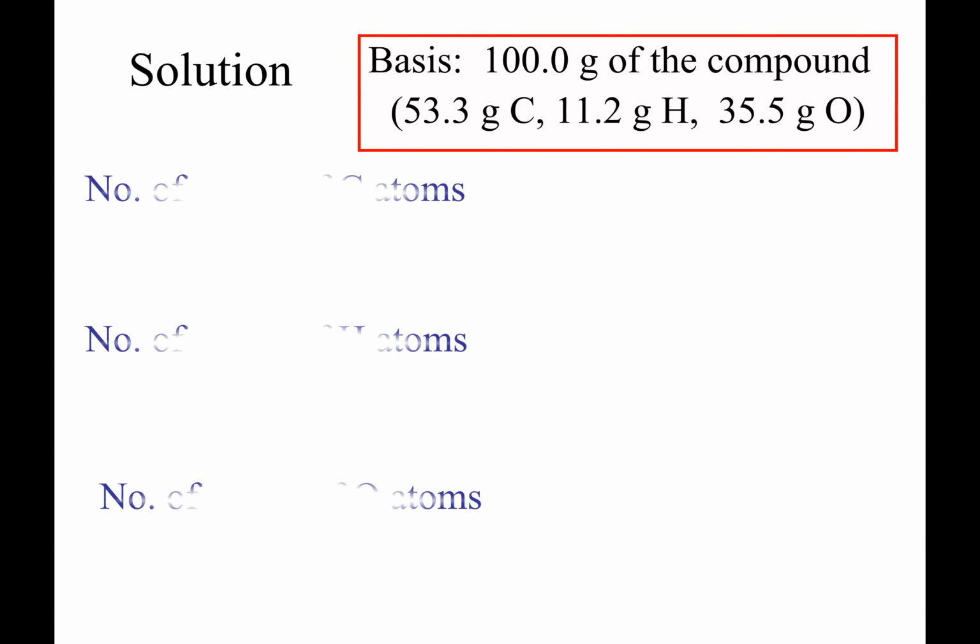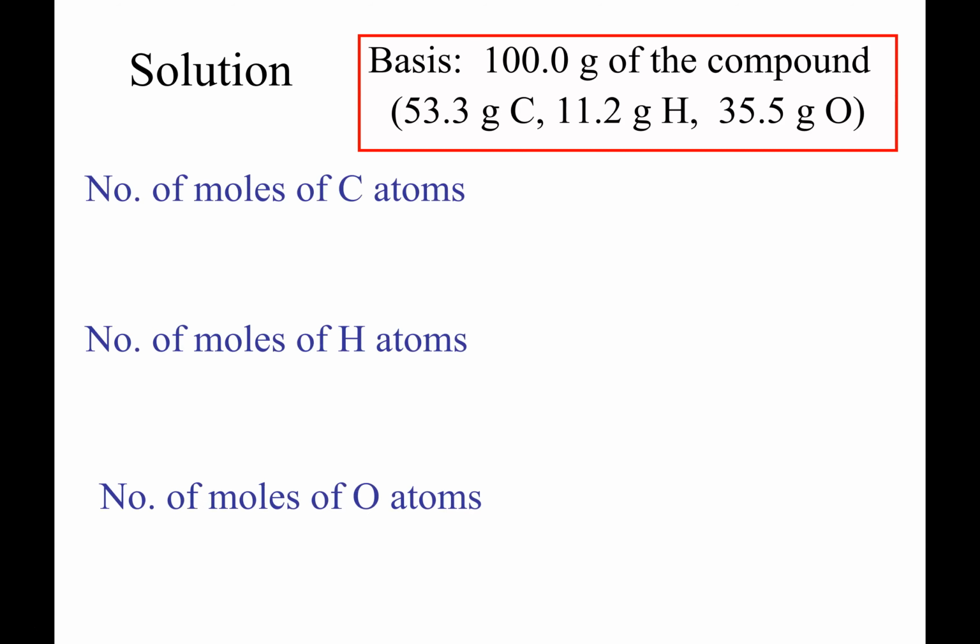Do you see where those percentages turn into grams? Because they're parts per 100, grams per 100 grams. So then I'll usually put another column, I'll say mass of that particular element.